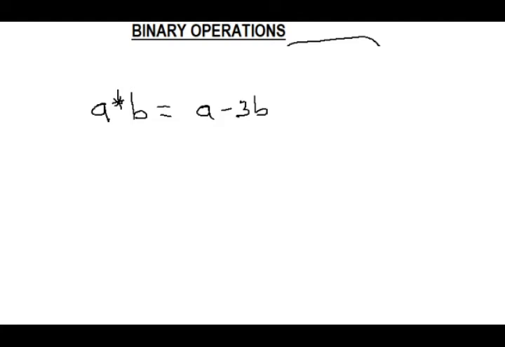Then we are told to find (i) 5 star 2 and also 2 star 5. So we have to find these two. So now what are we doing? For the (i), the first letter A means this.